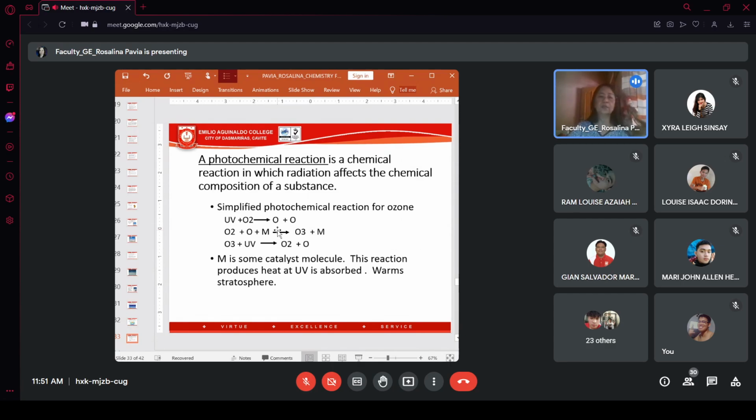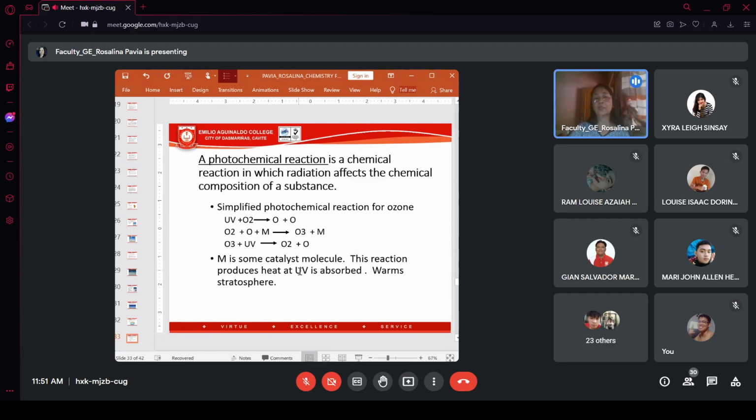Yung M dito is catalyst. Catalyst is not affected sa reaction. It only hastens the reaction. Pinapabilis niya yung reaction. It is not affected. Kaya, yung catalyst mo, nandun din sa product. So, M is some catalyst molecule. This reaction produces heat as the UV is being absorbed.